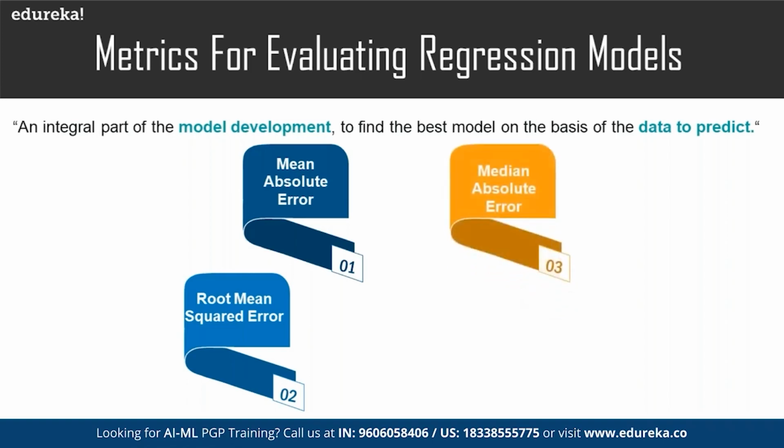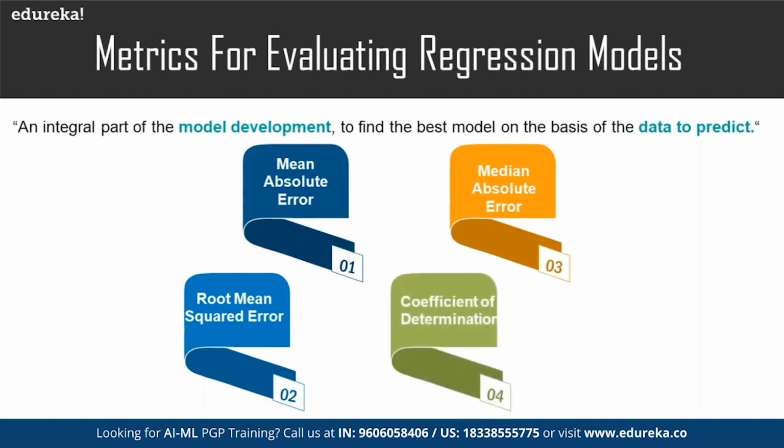So again, RMSE is such important. Median absolute error is also important, but we don't usually use it as frequently as RMSE and MAE. And the coefficient of determination, otherwise called R squared, is also used very much, but let me go ahead and talk about RMSE, because that is predominantly used in the industries.